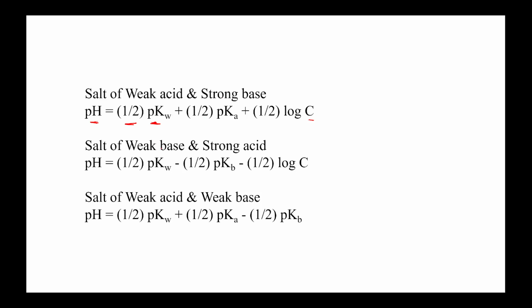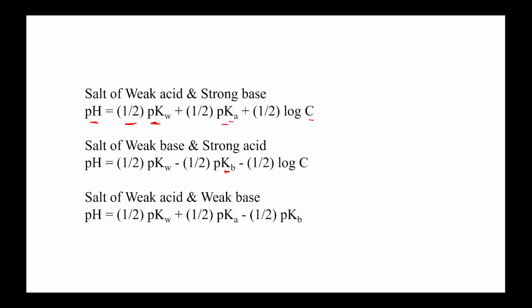If it is made of weak base and strong acid, then the equation slightly changes: instead of the positive sign we have the negative sign, and instead of Ka, now we have Kb, because the base is weak. So these dissociation constants are mainly important when we talk about weak acids or weak bases, because they are the ones that are dissociating slowly.